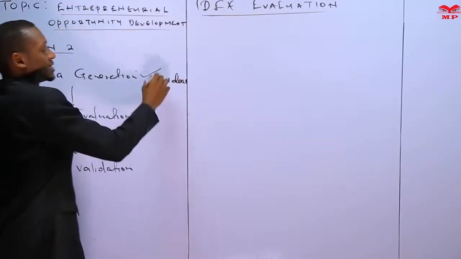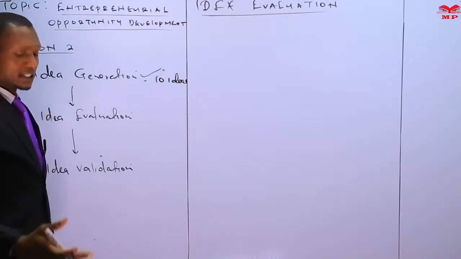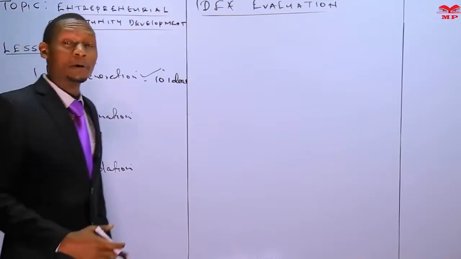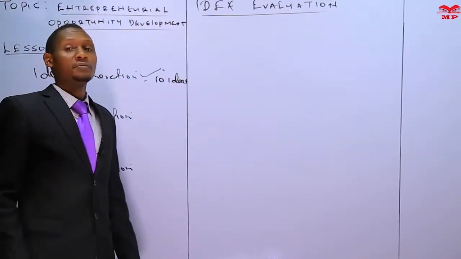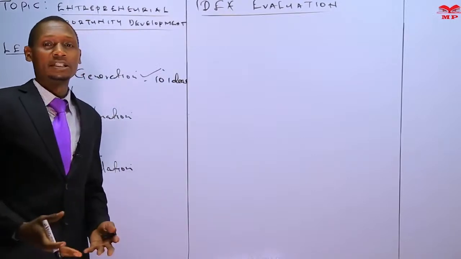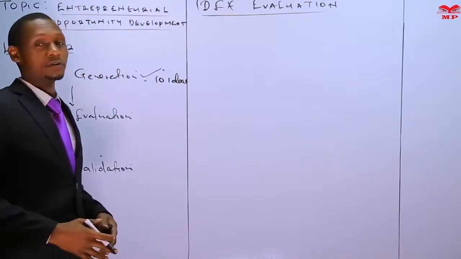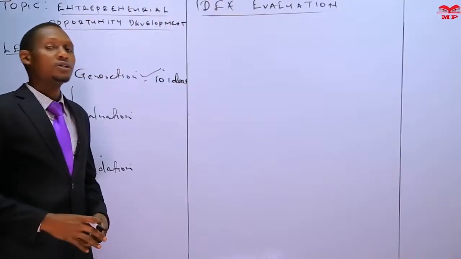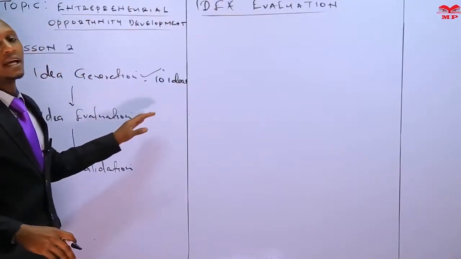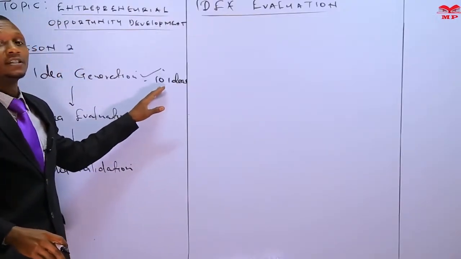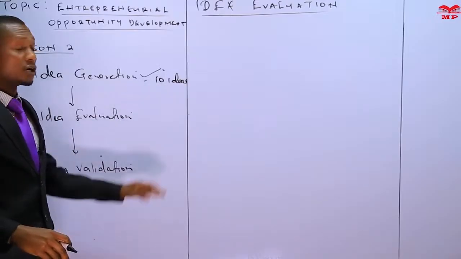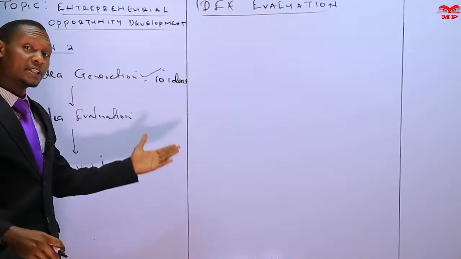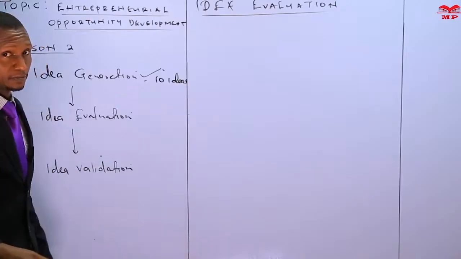Now, we said it is literally impossible for the entrepreneur to implement so many ideas at the same time because of a lot of constraints that the entrepreneur faces, including resource constraints. So essentially, the entrepreneur believes that these are attractive ideas. They all qualify as potential ideas for implementation.